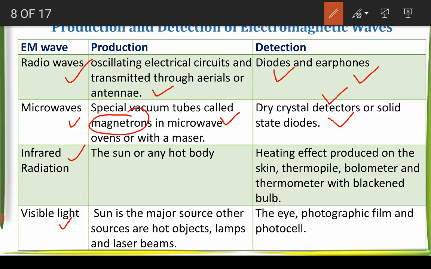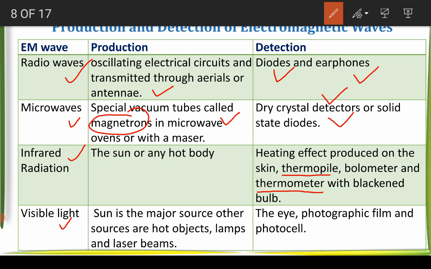You can tell that there is heat by simply feeling the heating effect produced on your skin, but also by using thermopiles, bolometers, and thermometers with a blackened bulb. These can detect the heat. Example, when you dip a thermometer in a hot substance, you see the temperature rising. So that is one way of detecting infrared radiation.